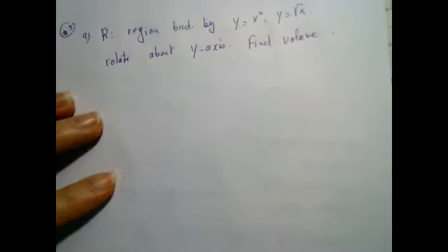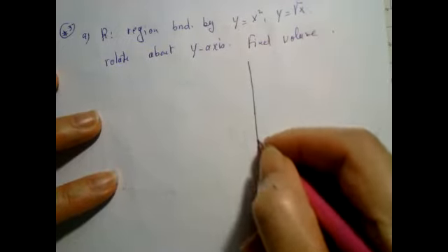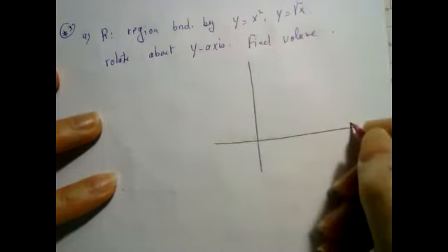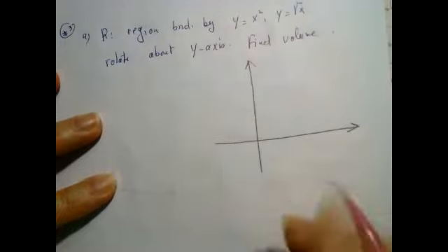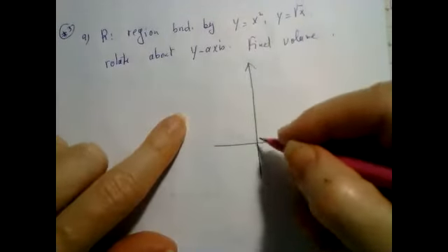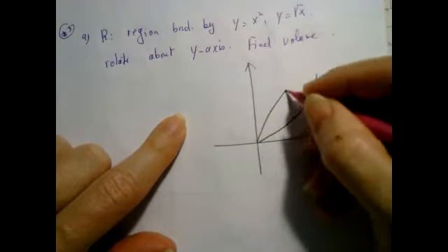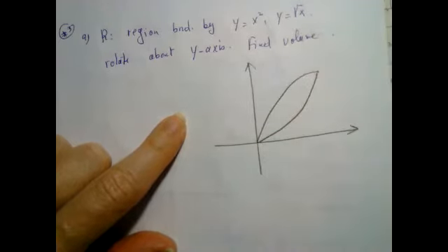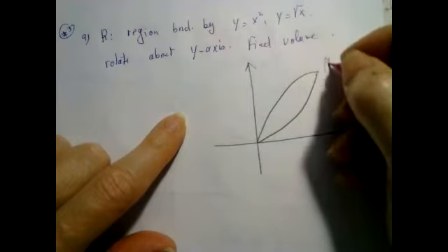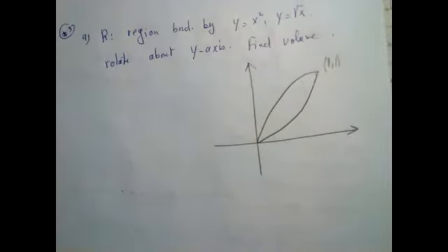Okay, so graph. That's the only way we work in these sections. Y equal x squared, y equal root x. And this point is (1, 1).